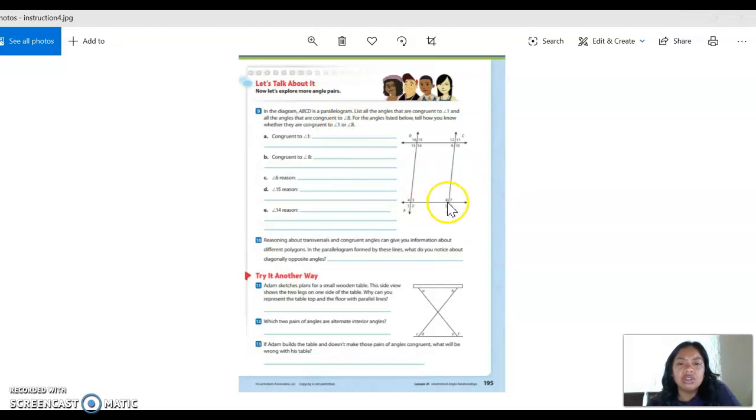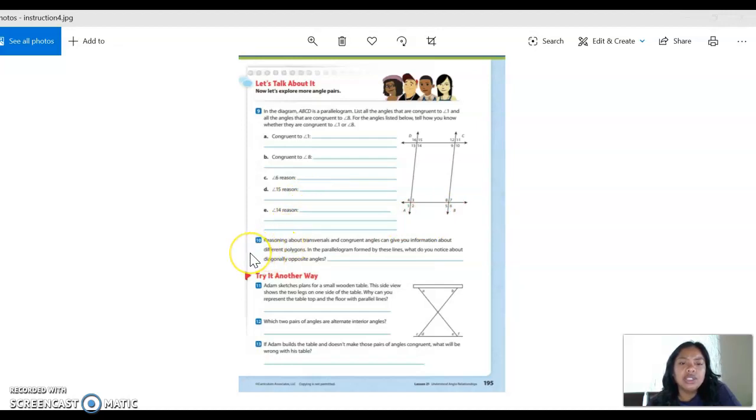I know that it's congruent to angle 8 because vertical angles are equal. And I love that about geometry. Geometry just asks you, give me the reasons why. Make sure that you know the definition, and the definition of vertical is that vertical angles are equal. So this is congruent to angle 8 because it's vertical to it. Go ahead and do letter D and E on your own.